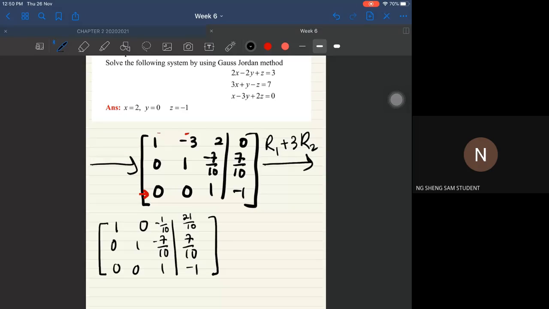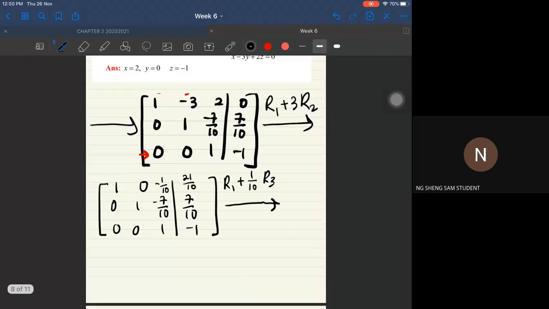Betul kan? So the last step, kita nak jadikan negatif 1 per 10 dengan negatif 7 per 10 tu kosong kan? So you will have R1 plus 1 over 10 R3 and another operation will be R2 plus 7 over 10 R3.